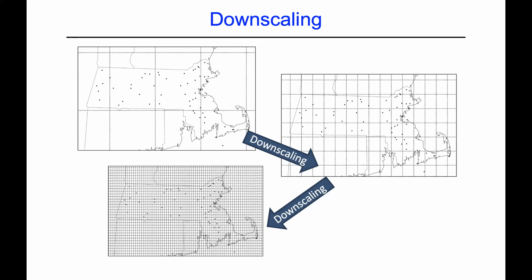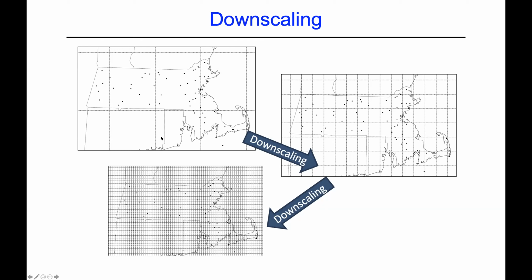In the lower left-hand corner, these are also data that have been downscaled from the global models from CMIP5, but using statistical methods. Here the boxes are quite a bit smaller, on the order of 10 to maybe 5 kilometers.